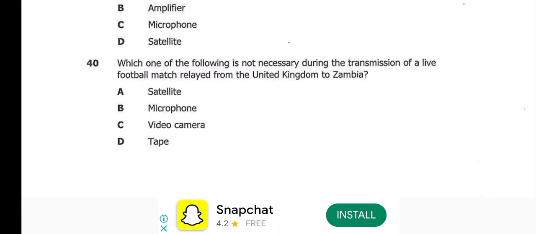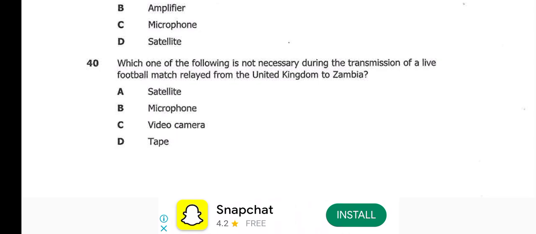Which one of the following is not necessary during the transmission of a live football match relayed from the United Kingdom to Zambia? Suppose Manchester City is playing with maybe Manchester United or Arsenal. How can that match be broadcast live?